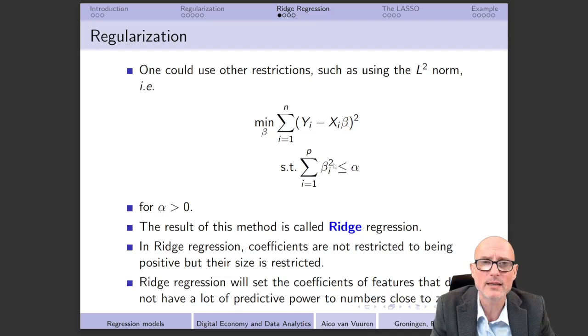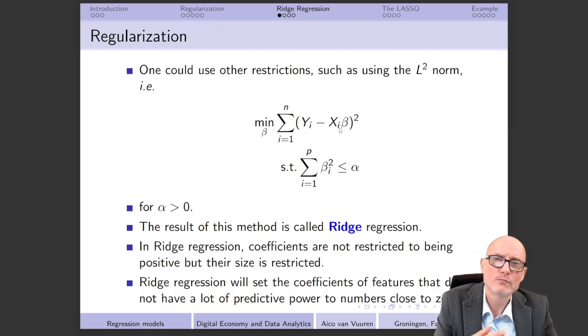So that implies that they might even have almost the beta values that they would have had in an unrestricted case that we have over here, if we only minimize this sum of squared residuals. However, of course, there could also be regressors or features, better to say, that are going to have less predictive power.